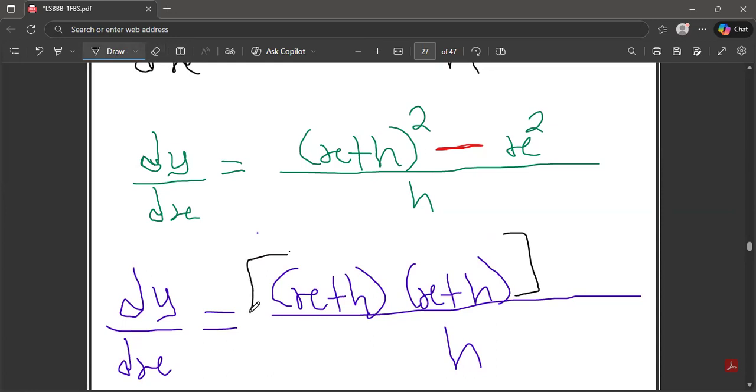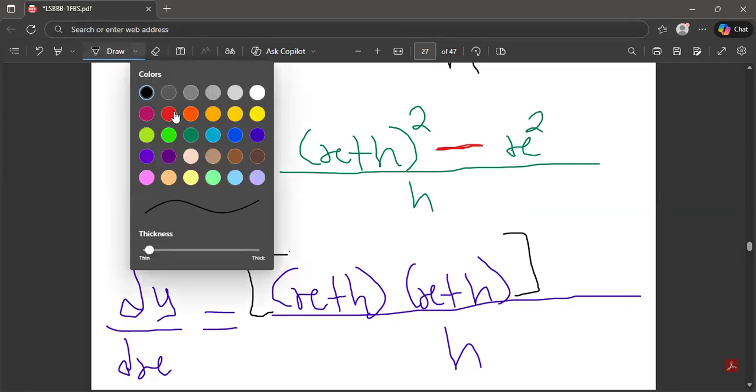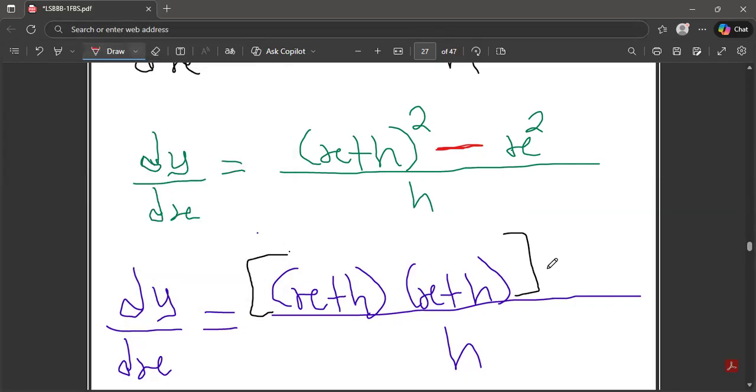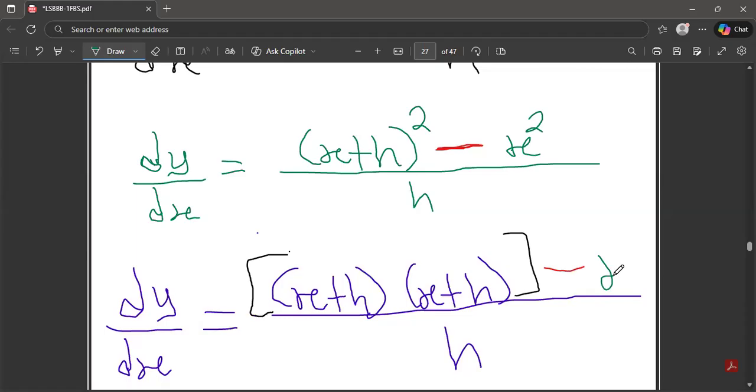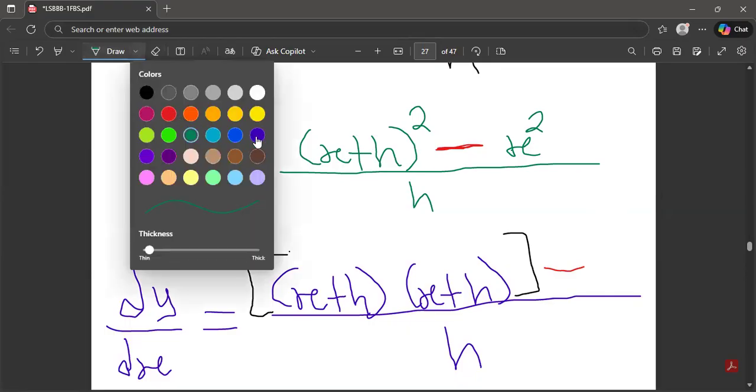Okay, so this is how it's going to become. Then after here, I can still maintain the initials. This was negative x exponent 2. Let me maintain the same color pen to enhance precision.